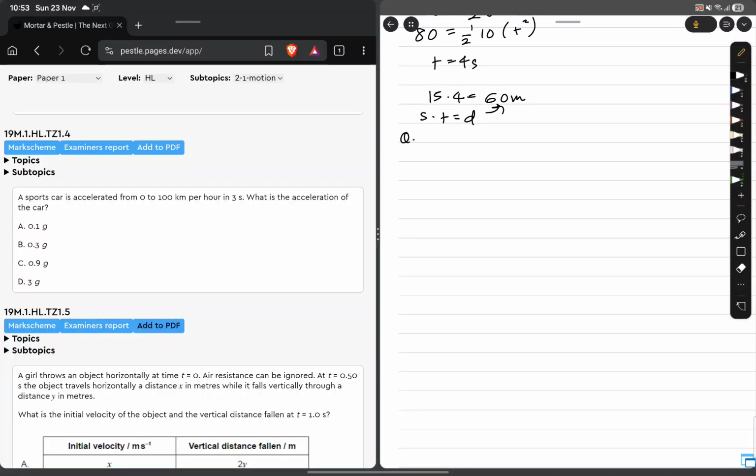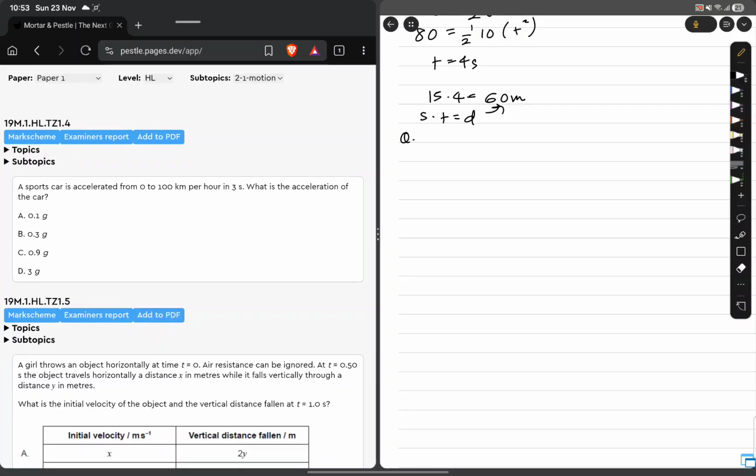A sports car is accelerated from 0 to 100 kilometers per hour in 3 seconds. What is the acceleration of the car? Okay, so 0 to 100 kilometers per hour in 3 seconds.